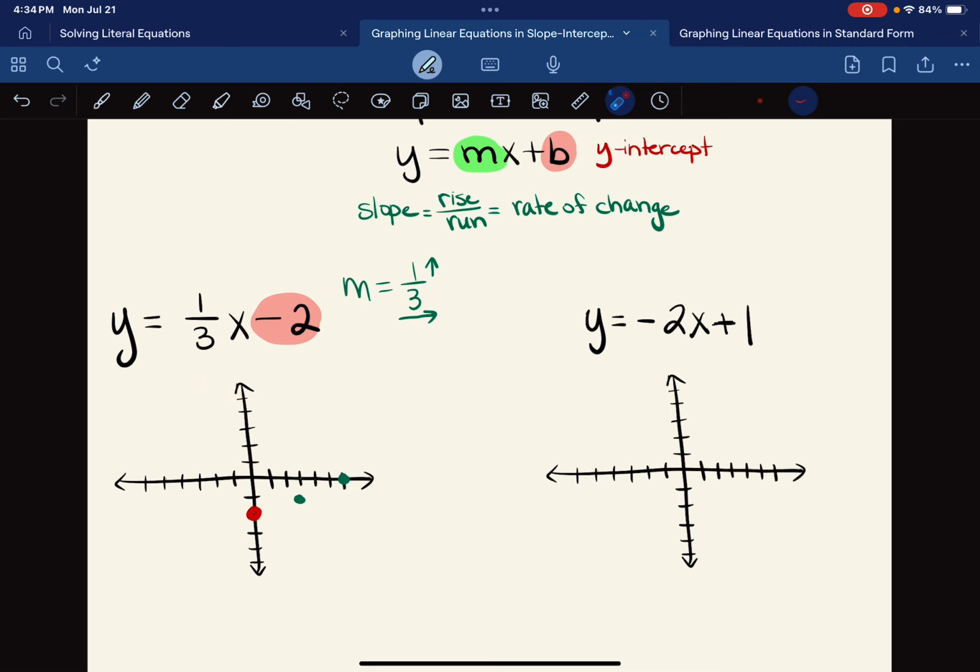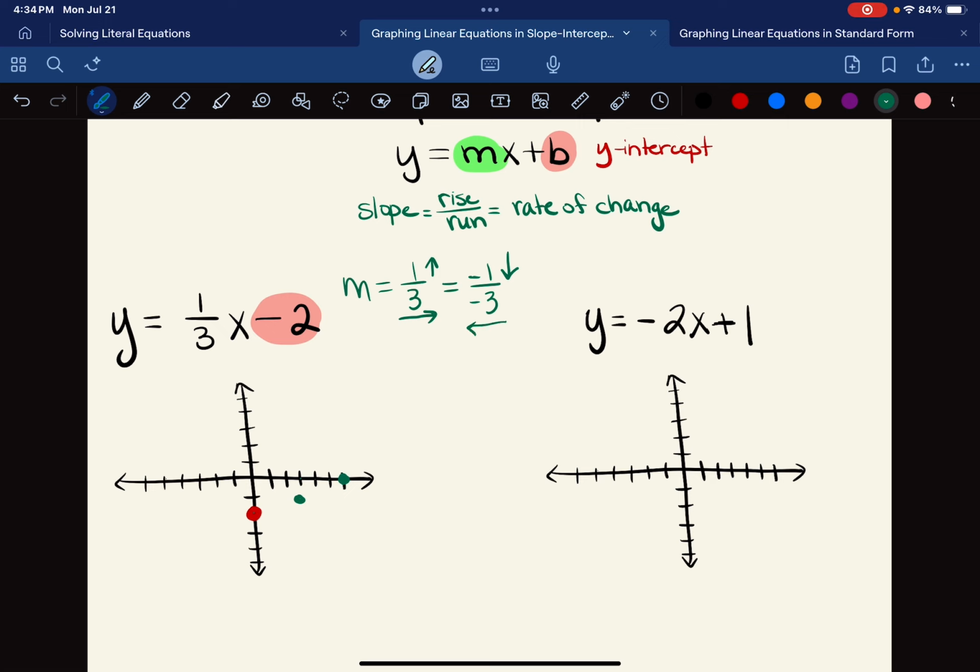So I need you to recognize that a positive 1/3 is equivalent to a -1 divided by a -3, right? A negative divided by a negative gives us a positive. If this is the fraction that I use for my slope, that means I'm actually going down 1 unit and left 3 units.